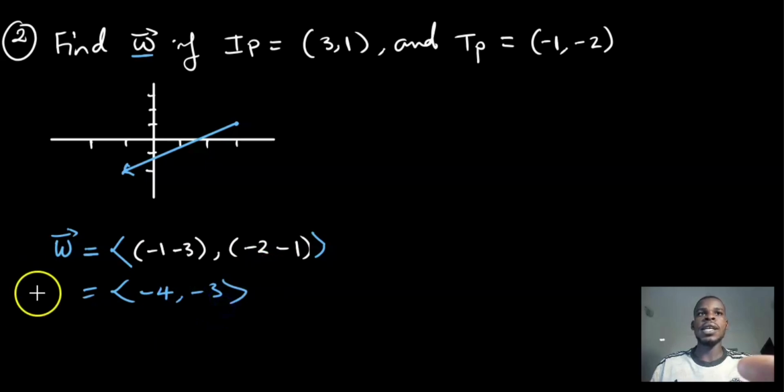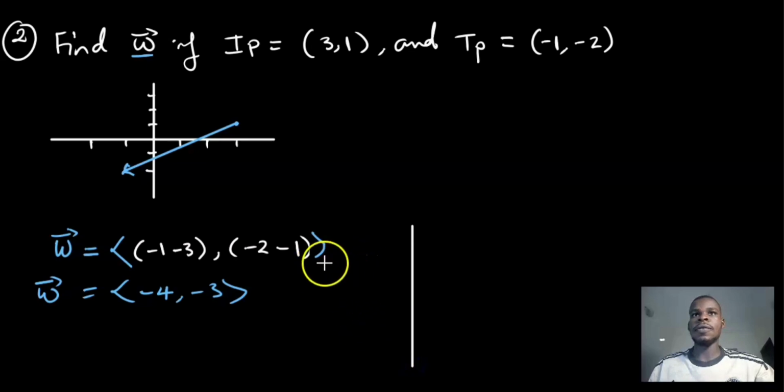Good, so that's the vector W, which we can visualize by simply starting from the origin. So we'd have something like this. -3, -4. Maybe let me bring it out here a little bit. Okay, something like that.